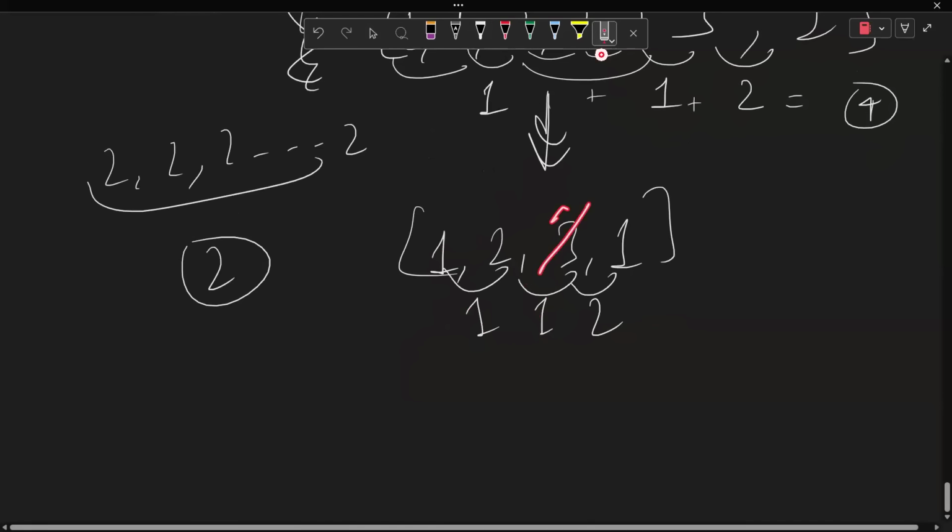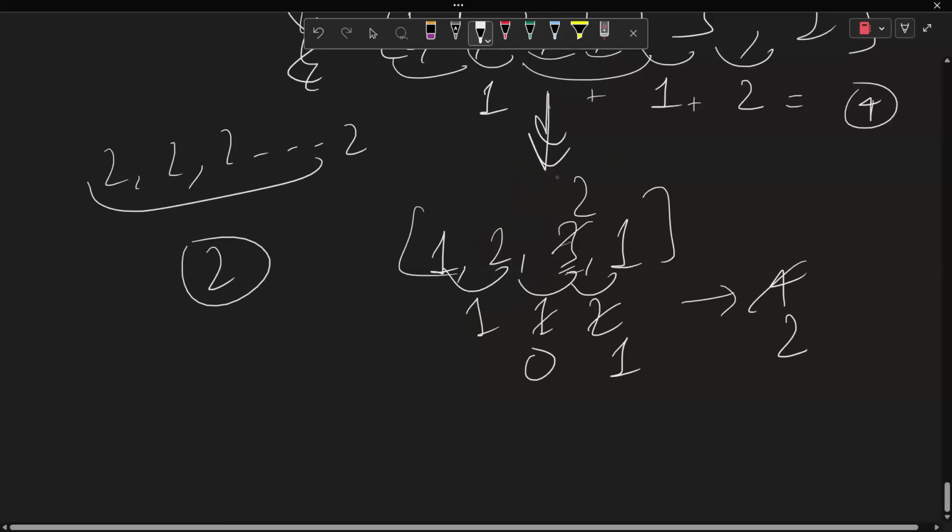Maybe you can reduce this 3 to 2. Then this difference would become 0 and this difference would become 1. You are reducing your answer from 4 to 2. So you are decreasing the answer by performing this operation. So this is a good operation that you can do.